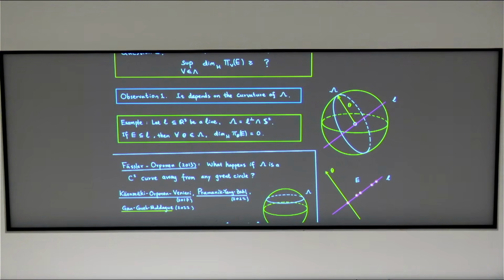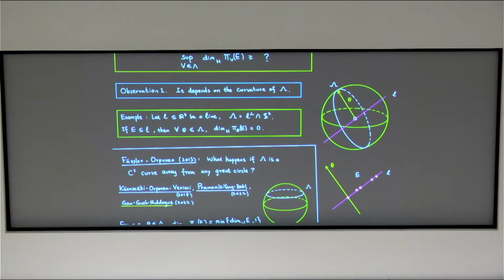So the Hausdorff dimension of the projection image is 0, and this is a bad example. But this example has some structure, and also lambda is quite flat, it's a great circle.